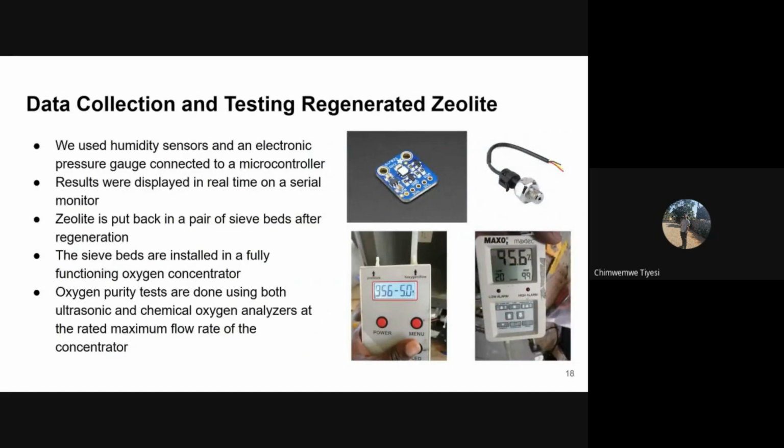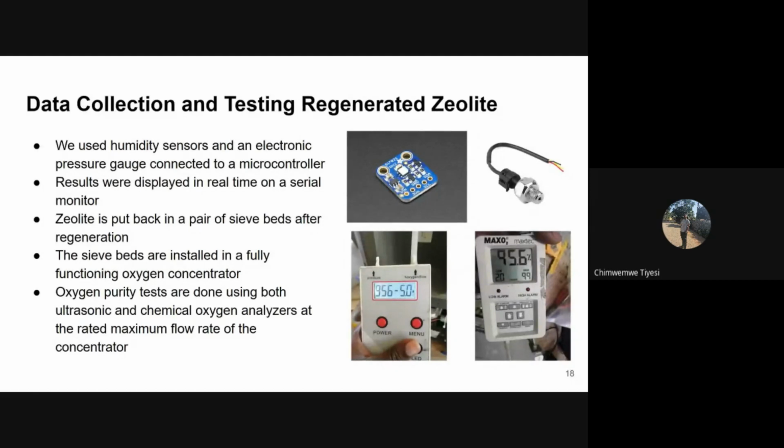During our regeneration process, we use humidity sensors and an electronic pressure transducer connected to a microcontroller. The results we get are displayed in real time on a serial monitor. We also log these results so that we can analyze them later. As for the testing of the zeolite, the zeolite is put back in a pair of sieve beds after regeneration.